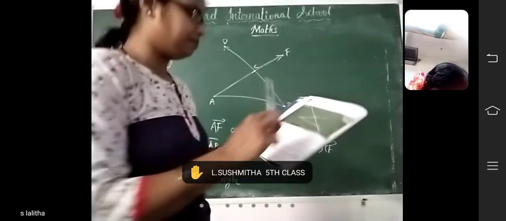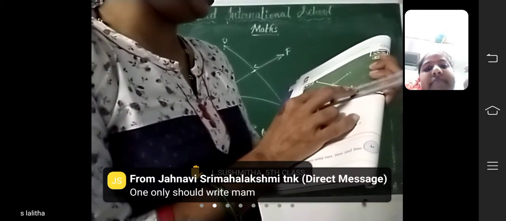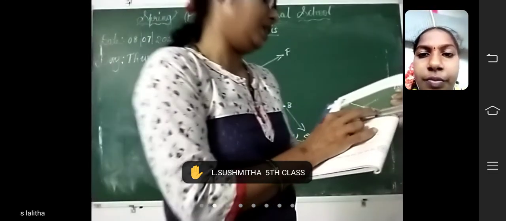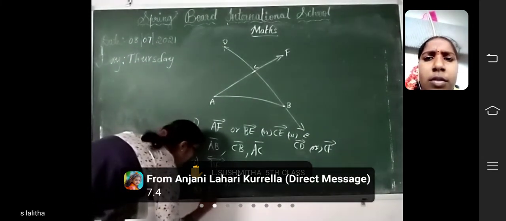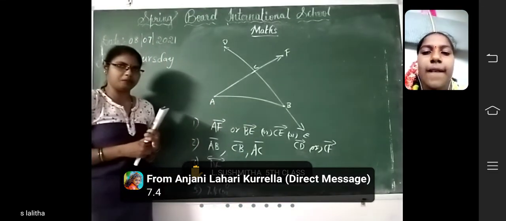Take the scale and keep it on A, the starting point, where the 0 coincides, and B. So check how much it is. 7.4, yes, 7.4 centimeters. AB length is 7.4 centimeters.